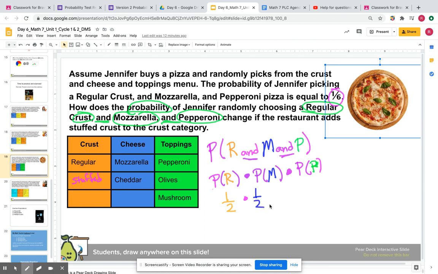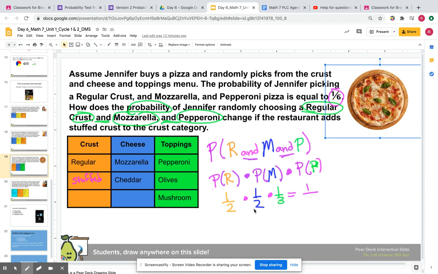That's 1/2. And we're going to multiply that by another probability. So what's the probability of selecting pepperoni at random? I hope you're able to identify that it's 1/3. Now, I hope that you get the idea. And basically, we just multiply these three fractions together. 1 times 1 times 1 is just 1.